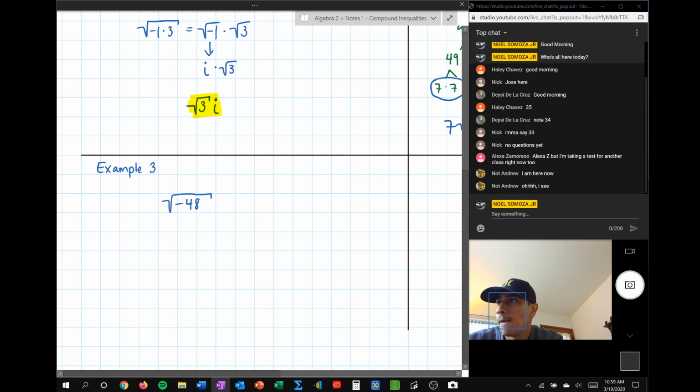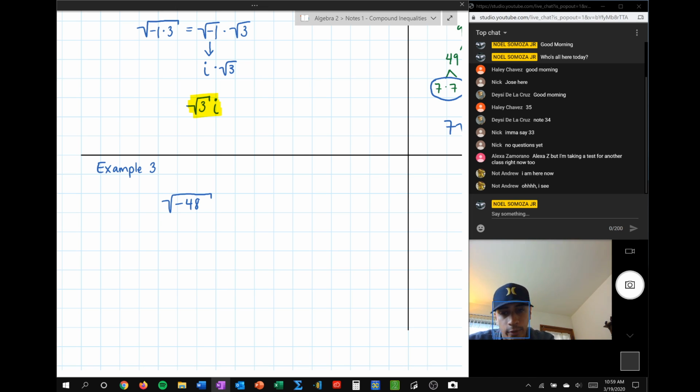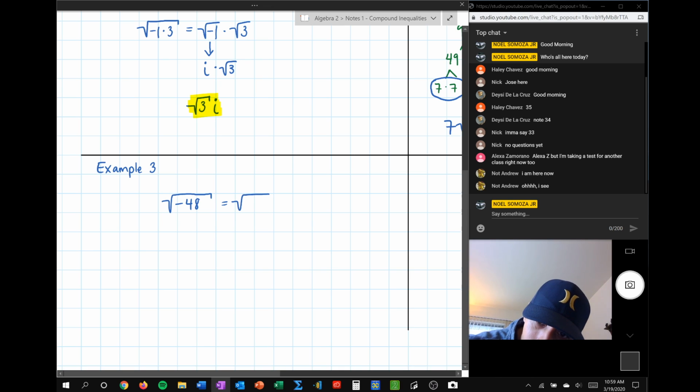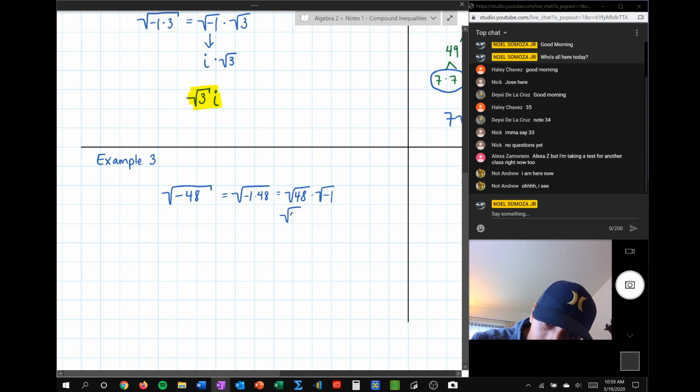So first thing, remove the i from the inside. So you want to break this up. Square root of negative 1 times 48. That then becomes square root of 48 times square root of negative 1. That then allows you to rewrite this as square root of 48i.